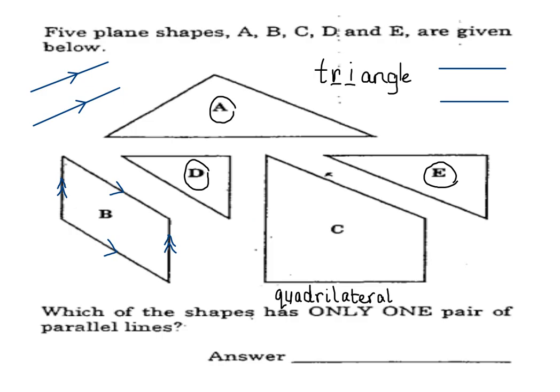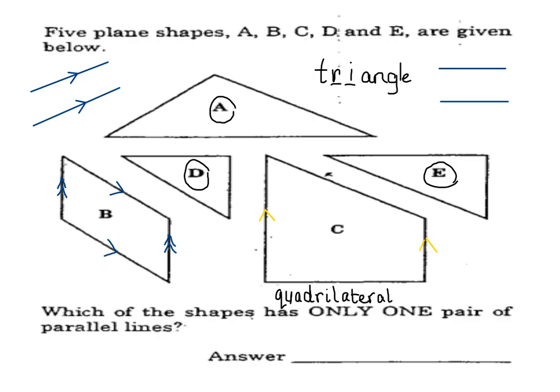If you notice, like I was saying earlier, if we were to extend out this side, you would see that at some point these two lines are going to eventually touch, right? Might not be in this shape, but it will eventually touch. So this is the reason why in C, the pair of parallel sides is actually the two going upward like this, right?